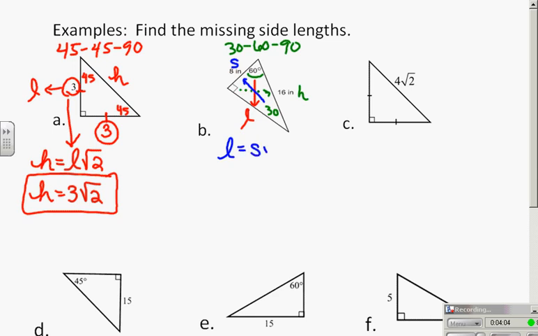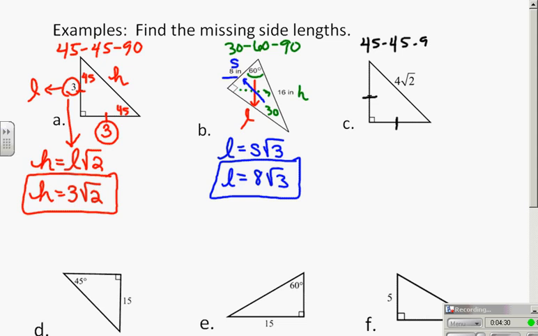If I want to find my long leg, my formula said the long leg is equal to short leg times the square root of 3. Substitute the value of the short leg in. My long leg is equal to 8 radical 3. And my triangle is solved. A lot faster than the Pythagorean theorem. Now you can use the Pythagorean theorem to check these answers if you want.